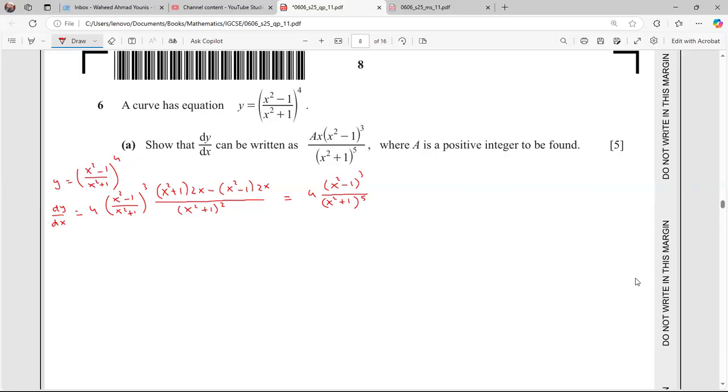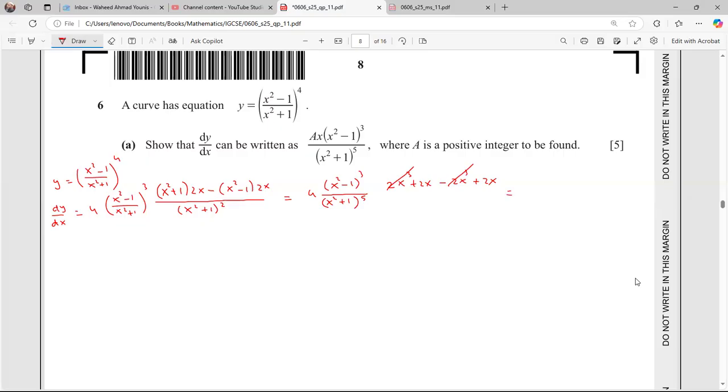And here, if I open this bracket, this is going to be 2x cube plus 2x, and this is minus 2x cube, and minus 1 is plus 2x. So 2x cube cancels with minus 2x cube, and 2x into 2x is going to be 4x.